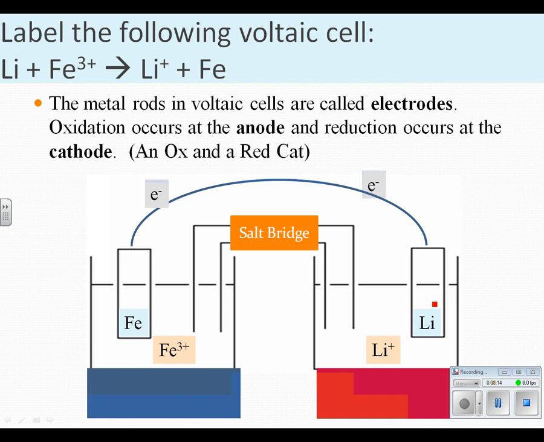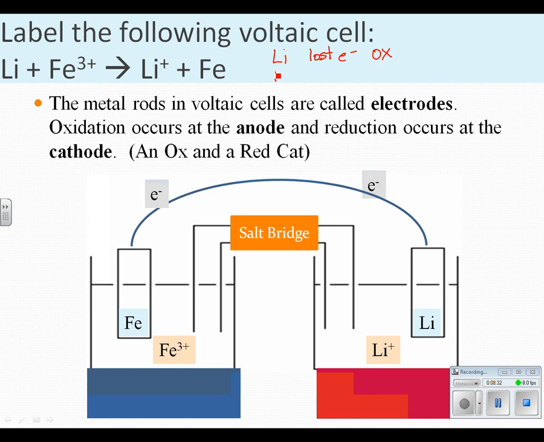So again, which one did we say was oxidized and which one did we say was reduced? Well, we said that Li became more positive, which means it lost electrons, which meant it was oxidized.